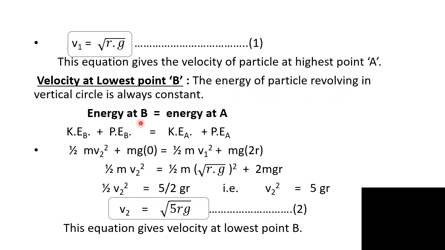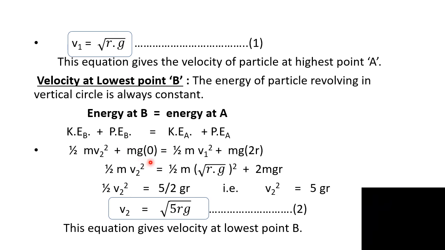The total energy at B is equal to the total energy at A. The total energy is always given by kinetic energy plus potential energy at point B. So similarly, at point A, the kinetic energy plus potential energy. The kinetic energy at point B is given by half mv2 square, where v2 is the velocity of the particle at lowest point B, plus potential energy mgh.